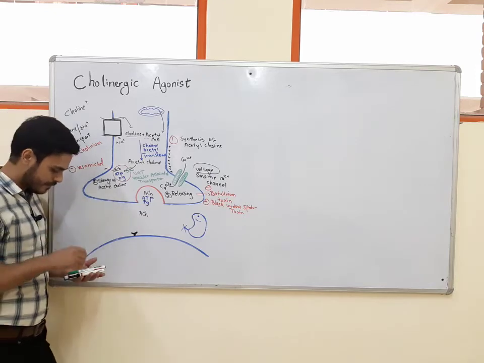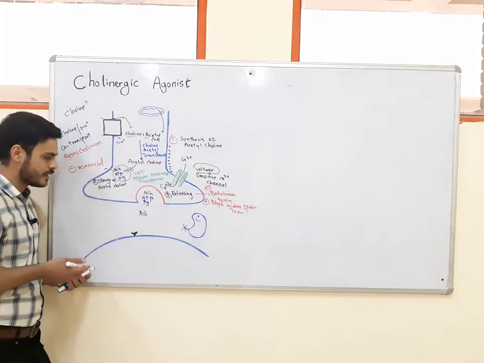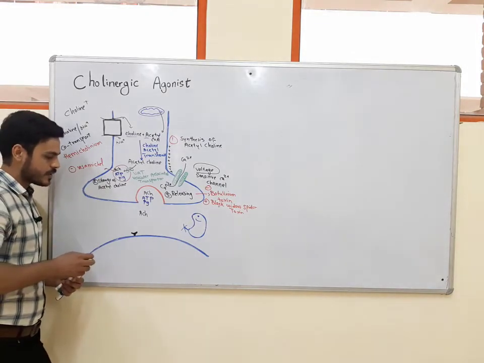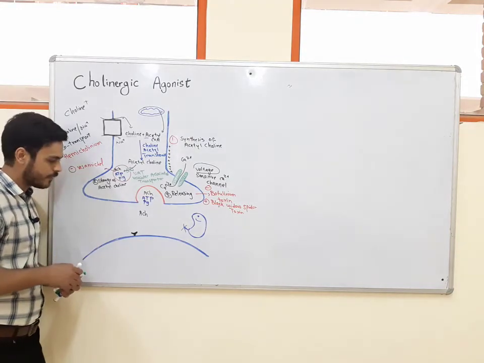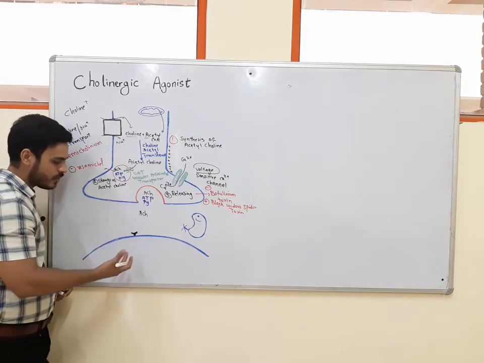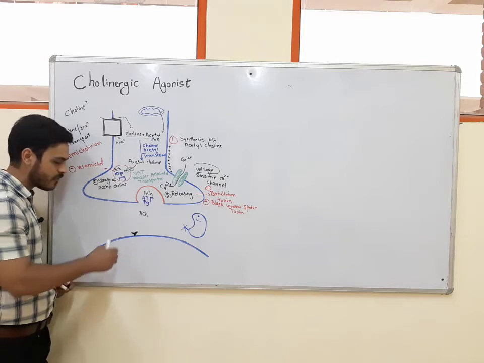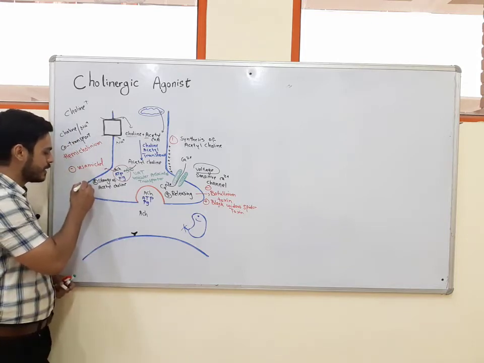The fourth step of neurotransmission: now you know about the cholinergic receptors. We had a lecture for this. Cholinergic receptors are two in types. One is muscarinic, another one is nicotinic. Each subtype of receptors also has two different subtypes: one is postsynaptic and the second is presynaptic receptors.